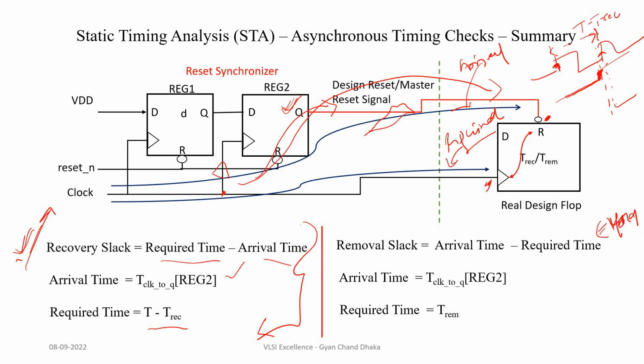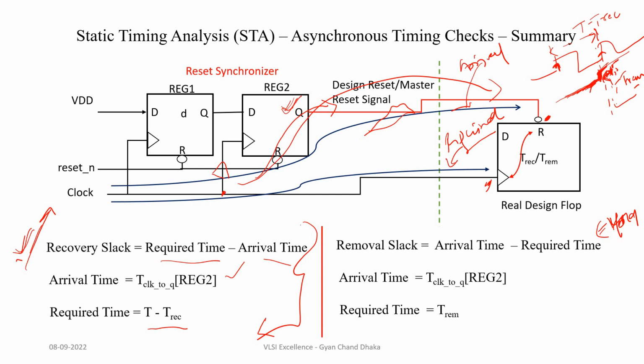So in the removal condition, what will happen? This de-assertion should not happen right after the clock edge, or this signal should not toggle for some time after the clock edge. That time is T removal, and this de-assertion should happen after this T removal. So this is basically signal propagation and signal arrival.